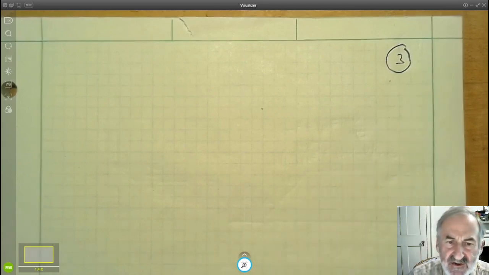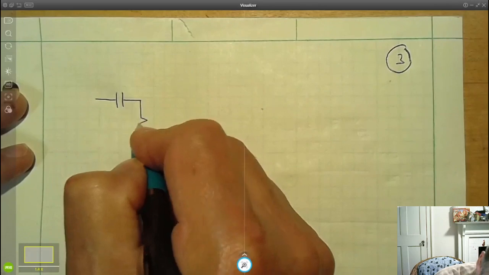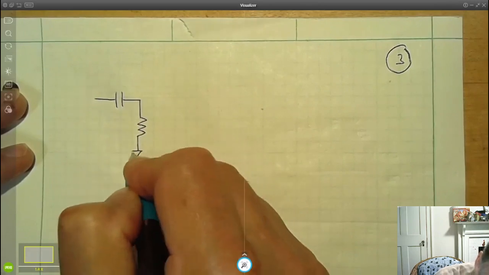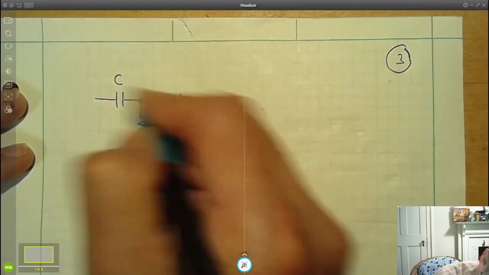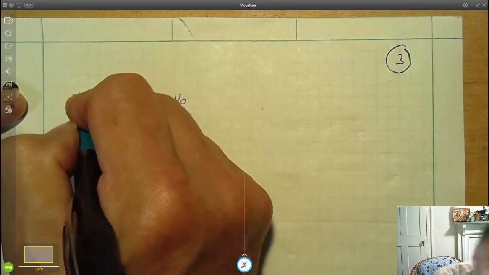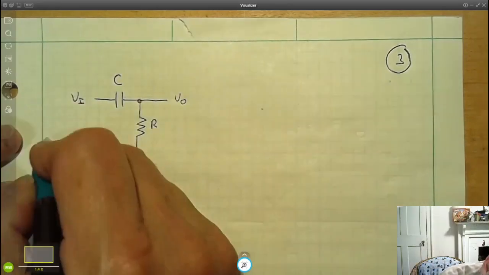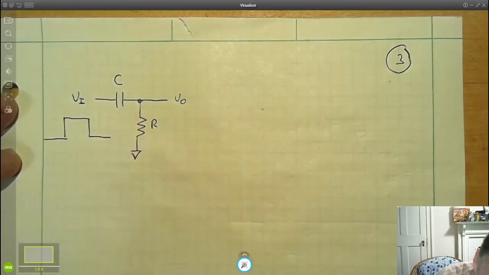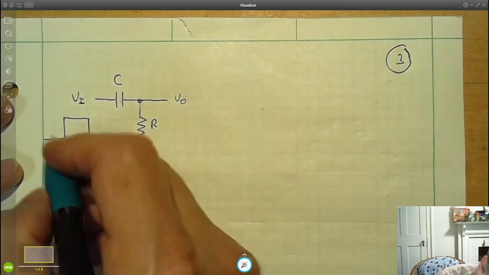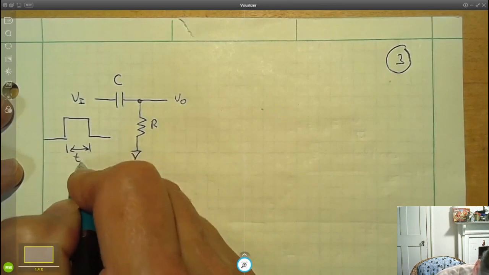So let's take a look at an application of a capacitor. Here's a capacitor and a resistor. We're going to apply an input signal to this capacitor. And we're going to apply a pulse. And this is the time period of our pulse.